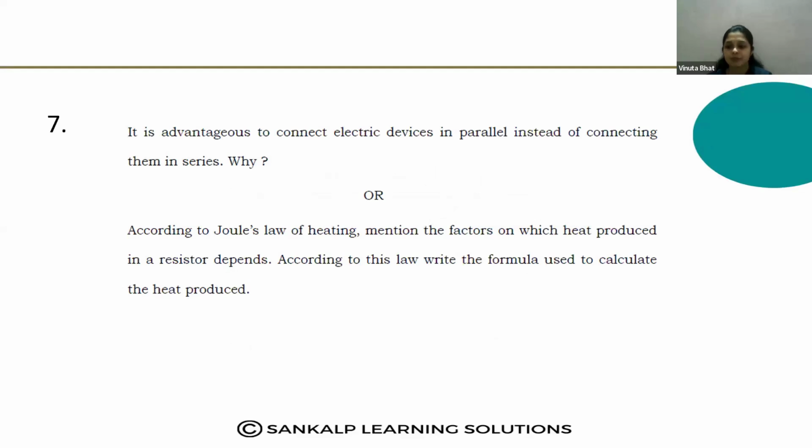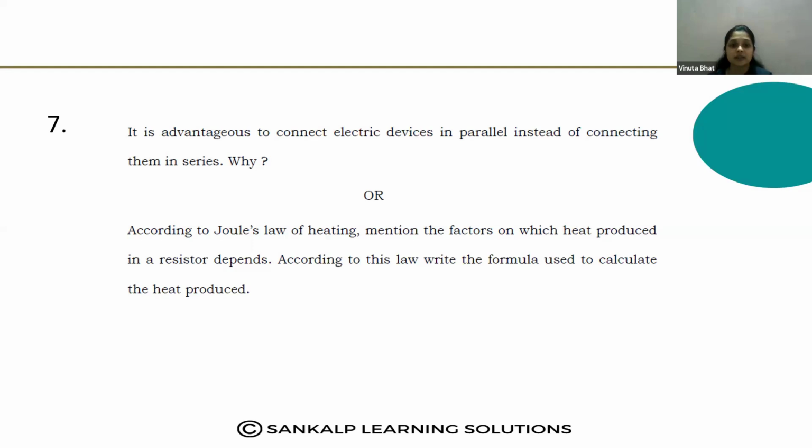Next question. It is advantageous to connect electric devices in parallel instead of connecting them in series. Why? We have already solved the answer for this question. If they are connected in series, and one appliance breaks down or anything happens in the circuit, the complete set of appliances will be affected.